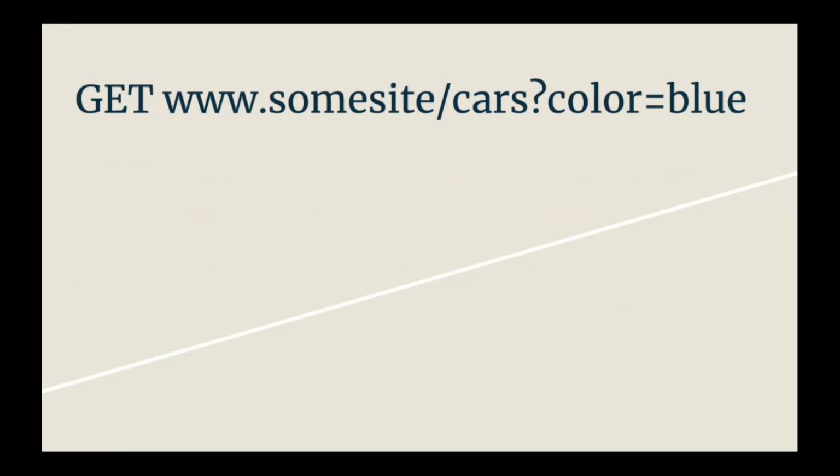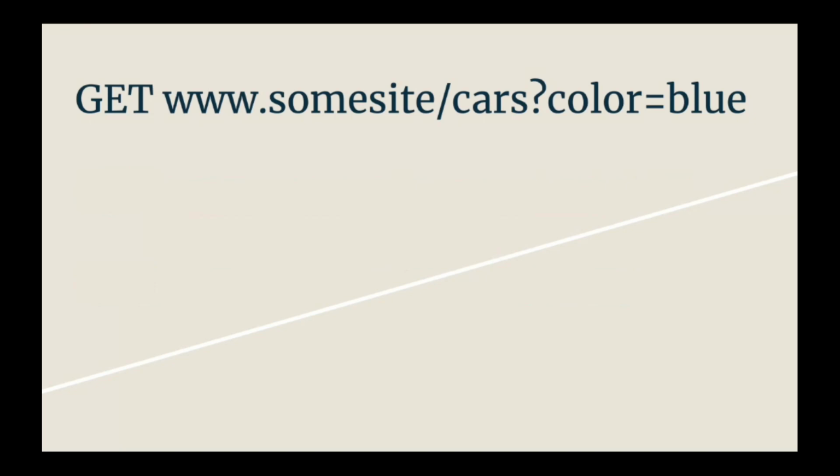So in this example, we're making a GET request to www.somesite/cars, but maybe we're saying that in the response, I only want the cars that are blue. So I wouldn't get any cars that are red. I wouldn't get any cars that are green. In my response, I would only get cars that are blue. So the server, once it gets this URL request, would look at the parameter right here.